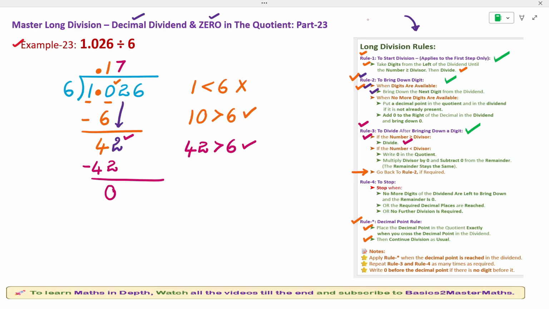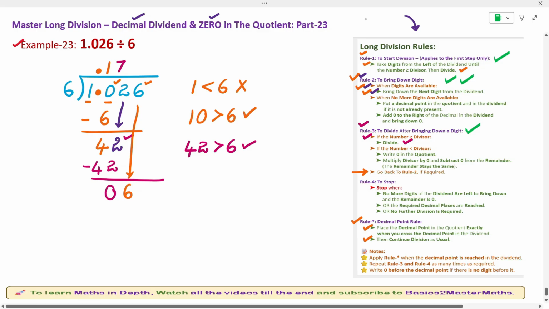When digits are available, bring down the next digit from the dividend. In this case, since the digit is available, bring down the next digit 6. Now, rule 2 is complete for the second time.